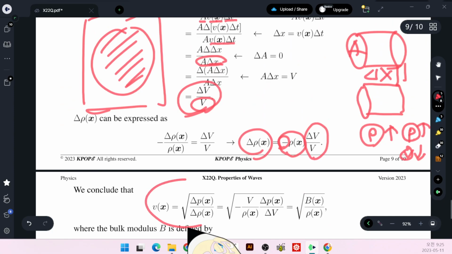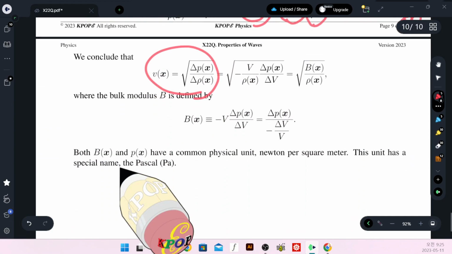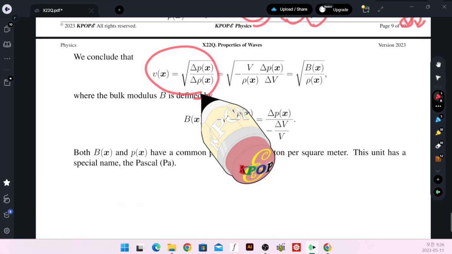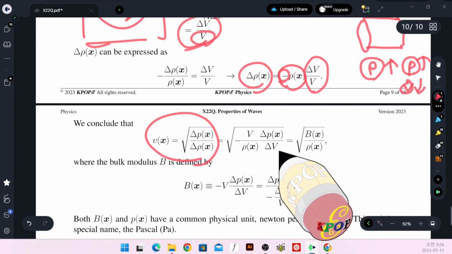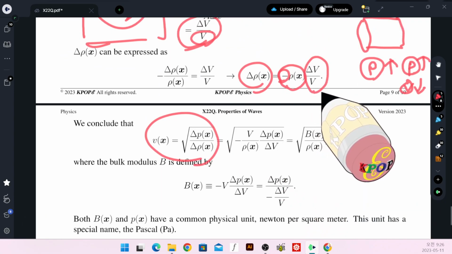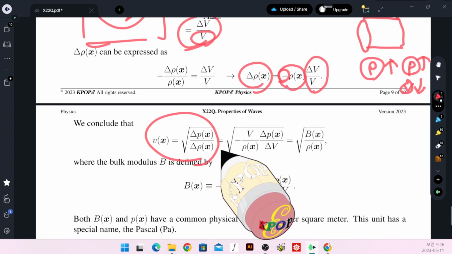So originally we obtained the speed of sound as the square root of the pressure density differential ratio. It can also be expressed in terms of pressure over volume change per whole volume, divided by density with a negative sign.